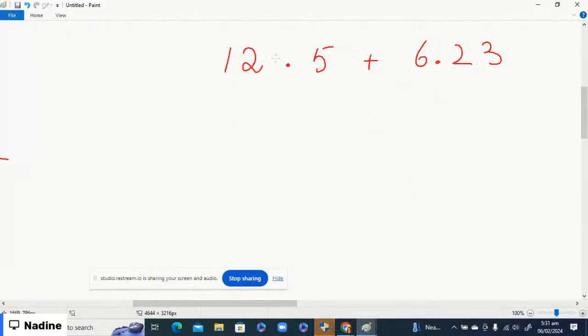We are going to put 12.5 here. Now look at 6.23. We put the point here. Then after the point we put 6 here, and after this we put 2, and then 3. Because the point lies under the point.